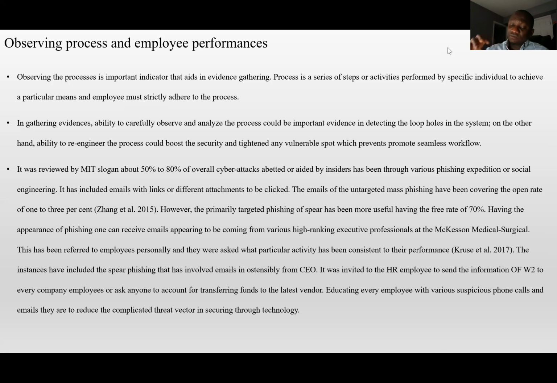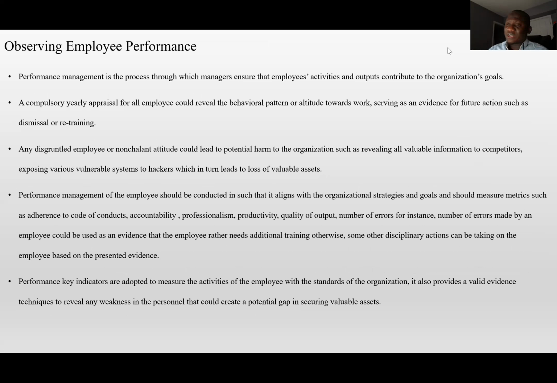And once the process is re-engineered, there is a need to retrain the staff. Now, another technique of gathering evidence is looking at employee performance. In so many cases, employee performance could be due to many factors.